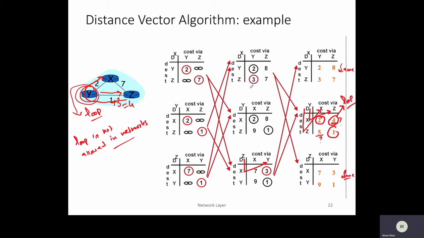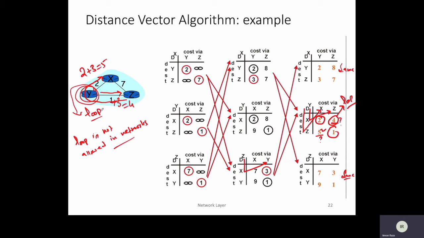Yes, X is telling Y that the cost to reach Z has changed to 3. So Y says, okay, fine, the cost to reach from me to X is 2, and X is advertising the cost to reach Z as 3. So this cost is 5, which is here.